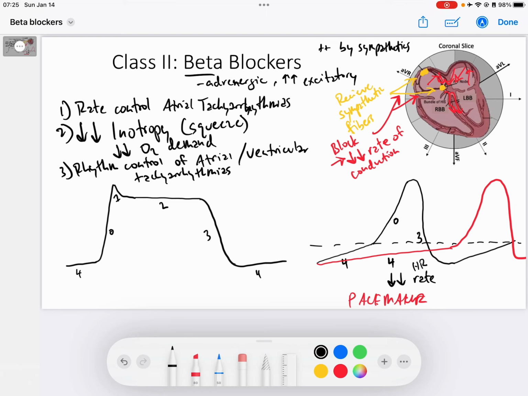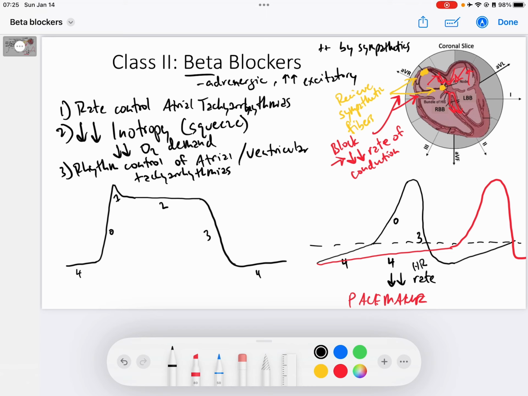This is because we are suppressing the excitability of cells. If you have premature contractions or reentry pathways, you're decreasing the heart's ability to excite these cells that might be a little more prone to firing off early.